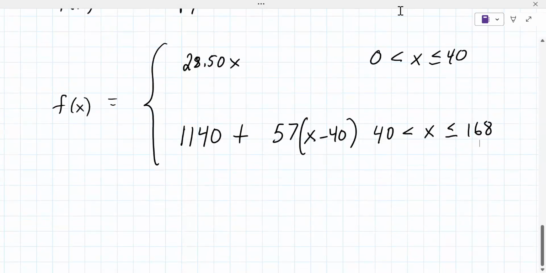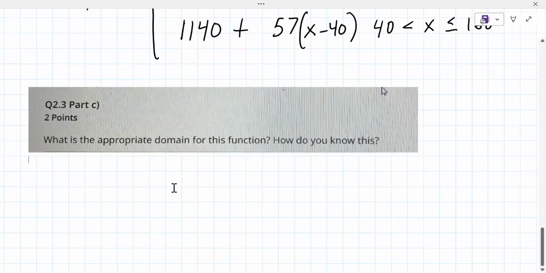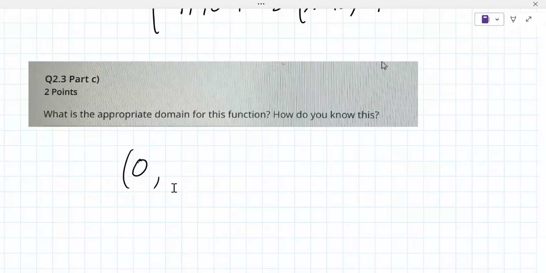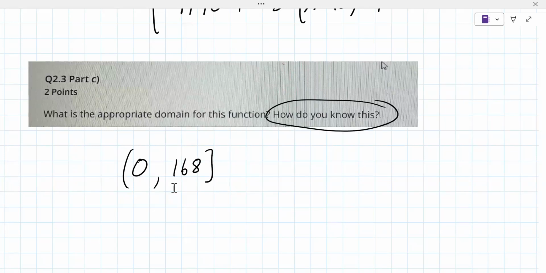All right, so part C is what is the appropriate domain for the function? So the domain is, well, 0 to 168. But you might throw out a question like, is it even possible to work an entire week?